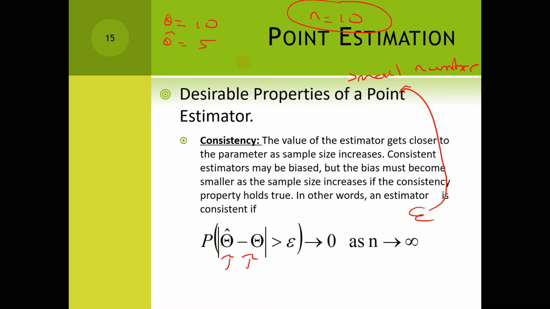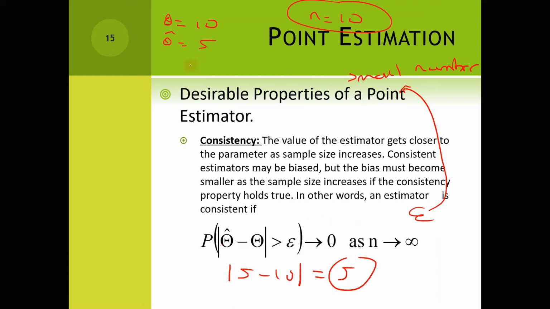Now, if you take the example of having theta cap and theta, you see there is a difference of 5. So if you take 5 minus 10, the modulus, you get 5, a difference of 5. So the probability of having a difference of 5 exists, but we don't know what it is.